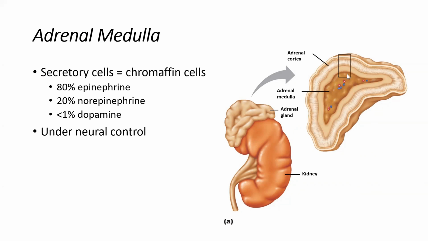We also described the connection where these chromaffin cells are more like postganglionic neurons than they are like an actual endocrine gland. So they are neurological in their origin. If we were to put these chromaffin cells in the right medium, they would grow axons. And so they are more neurological than they are epithelial, which is the makeup of most of our endocrine glands, okay?